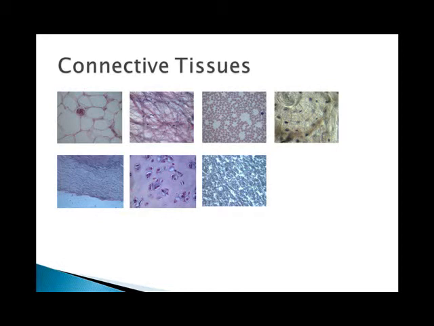Adipose tissue, which is on the upper left-hand side, so first one on the top column, is a storage tissue for fat and provides cushioning for internal organs. Blood, which is the third one over on the top column, transports oxygen, wastes, hormones, nutrients, and enzymes around the body.